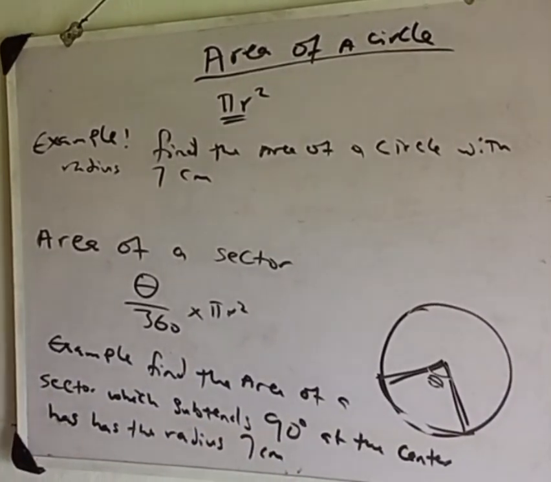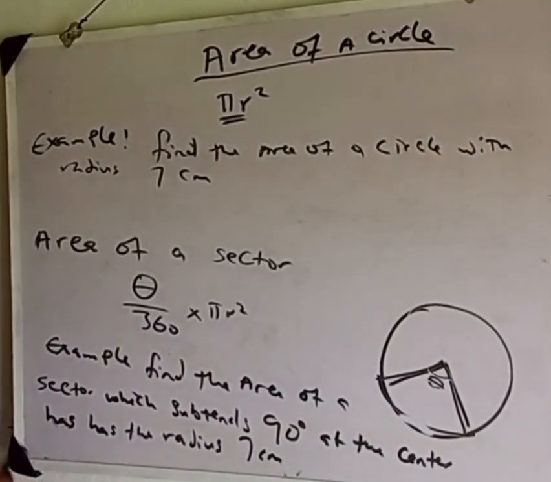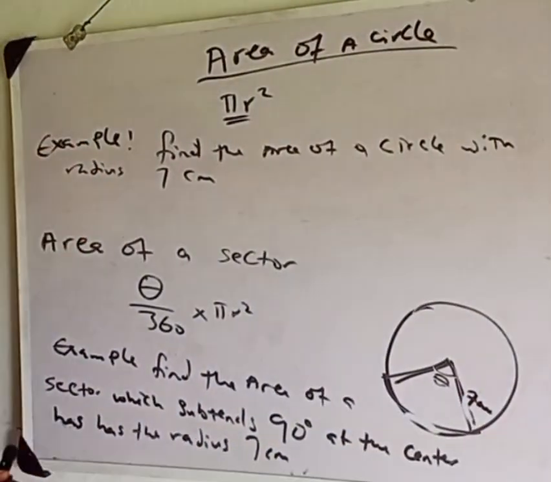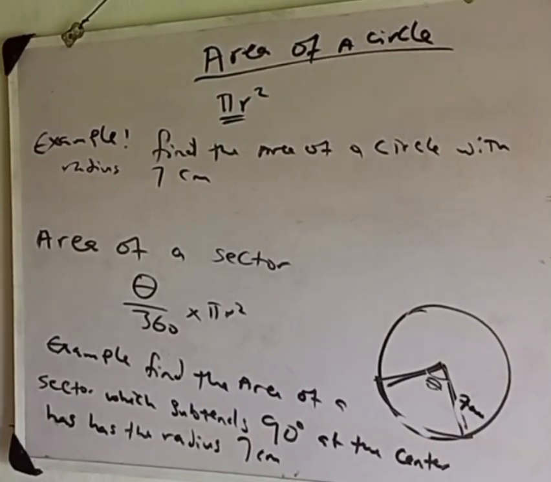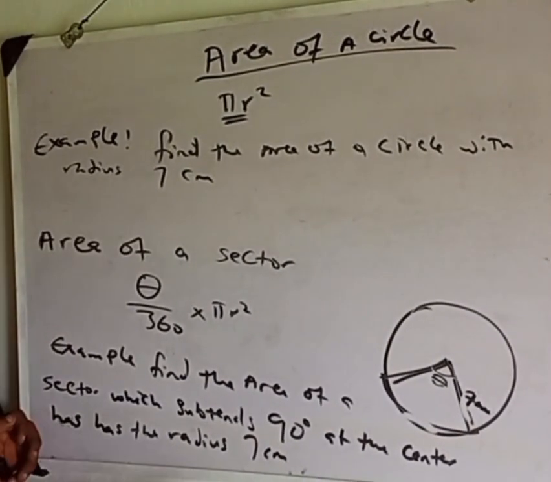So we have that in this case, this theta is 90 degrees and the radius is 7 cm. Is that okay?